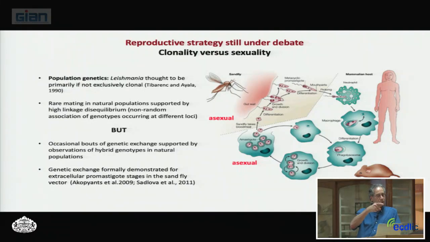Remember, I told you there are at least 20 or 30 different Leishmania species. That's based on the collection of various unlinked markers across the nuclear genome. And then they described isolates that seemed to be a mixture of two different species.